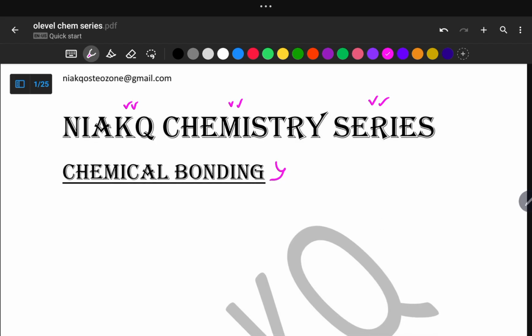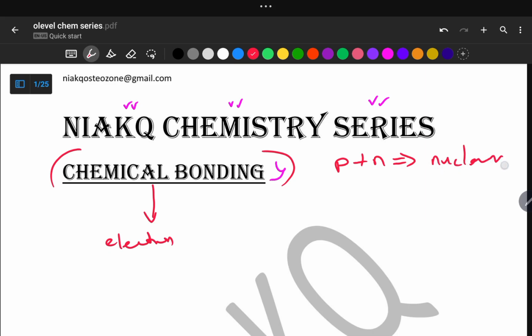So today we are going to have chemical bonding, one of the fundamental concepts in chemistry, one of the building blocks of chemistry, right? Chemical bonding is defined with respect to the electrons. We said protons and neutrons make up what we call the nucleon number, which is also equal to the mass number.